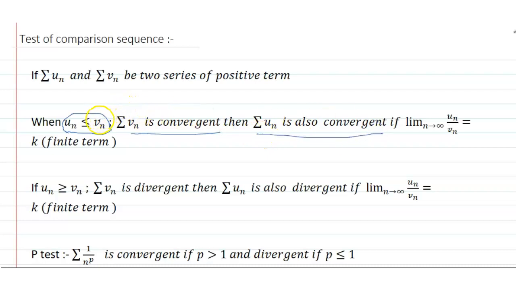Let's remember, vn is always greater than un. Then if vn is convergent, then un is also convergent.